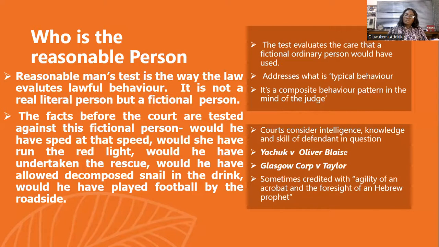So the reasonable man is someone that is credited with average intelligence, understanding about basic relationships in life, and as the law has some expectation as to who that typical average person should be and how their pattern of behavior should be. So it's sometimes credited with the strength, with the dexterity, as someone has described it, of an acrobat, the perfection, the precision of an acrobat, and the foresight of a Hebrew prophet.